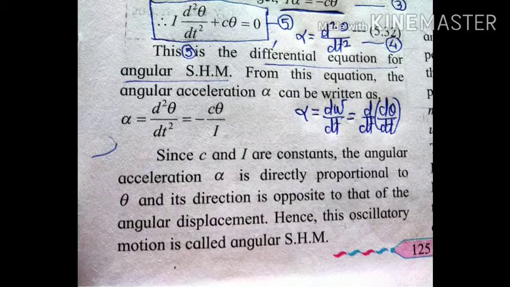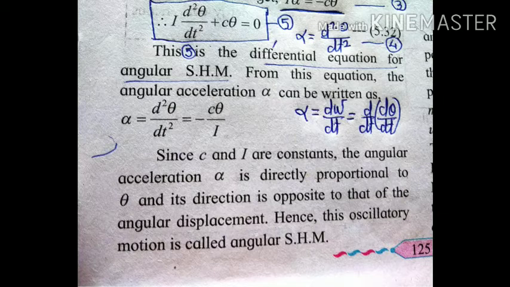And then from this differential equation of angular SHM, we can obtain the formula for angular acceleration d2 theta upon dt square. For that, divide equation 5 by I. Then we get d2 theta upon dt square plus C theta upon I is equal to 0.